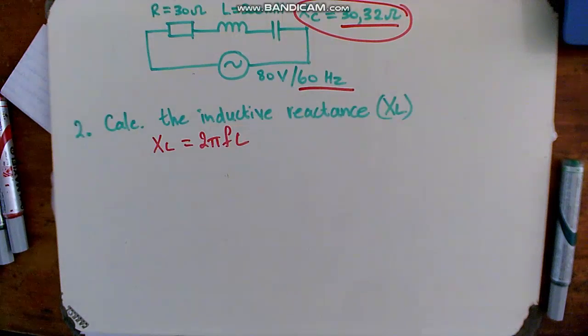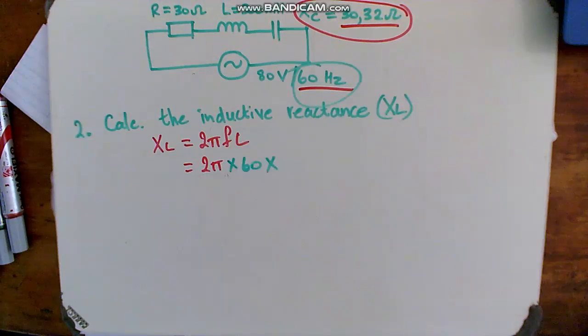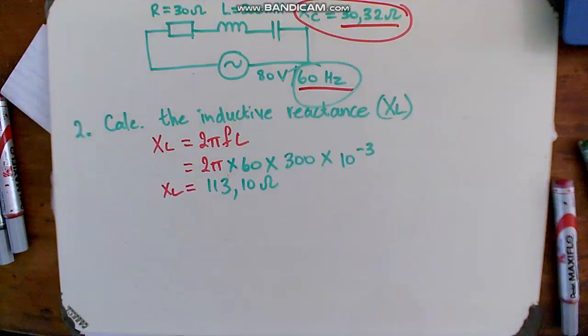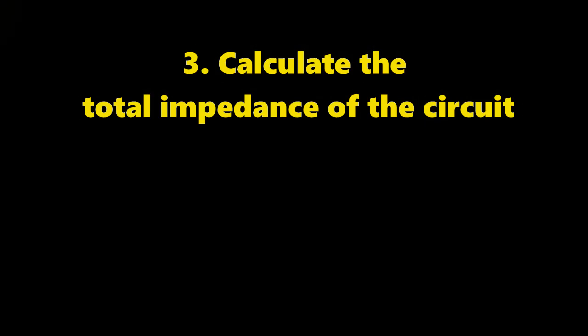Why 10 to the minus 3? Because it is millihenries. If it was just henries, then it'll be times 300. Because it's millihenries, it'll be times 10 to the minus 3. Times 10 to the minus 3 is milli. Our answer there is XL is equal to 113,10 ohms.